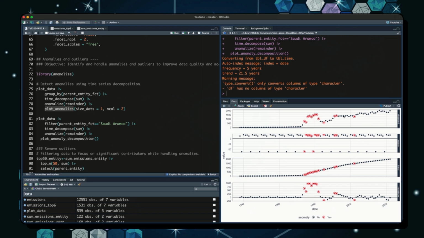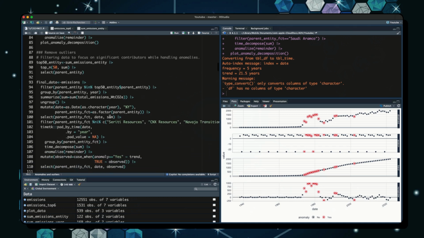We have observed values, we have some kind of an attempt to plot seasons, which we don't have here because that's not the kind of dataset that works well with seasons. We have a trend here, and that explains why those red dots in the observed values are identified by the Anomalies package as anomalies, because they're clearly out of the general trend here. And we have the remainder, which is the difference between the two. That's just another way if you want a closer look at your data.